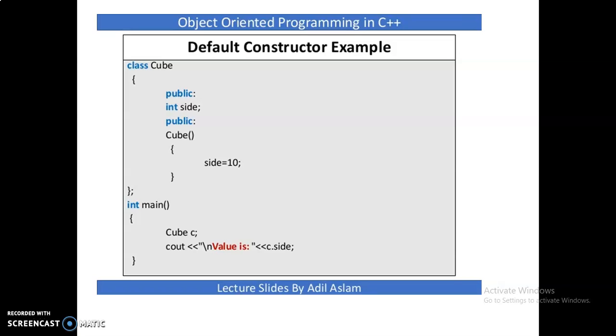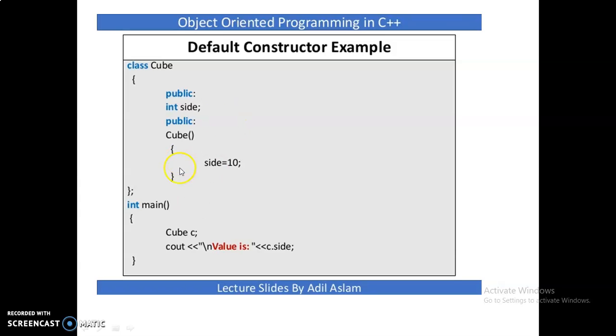After the declaration of the class, come to the main function. Within the main function, an object is created for the class cube. The object name is C. Within the cout statement, you can see the member function cube is not called here.